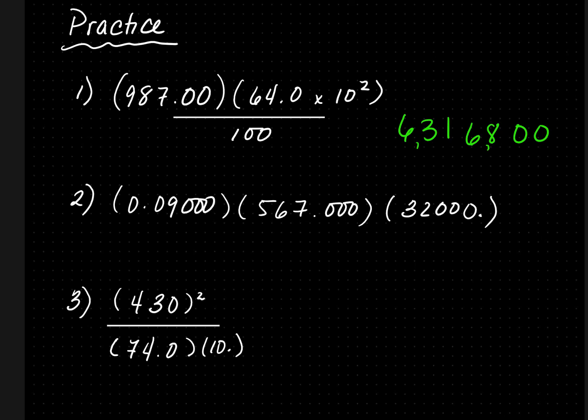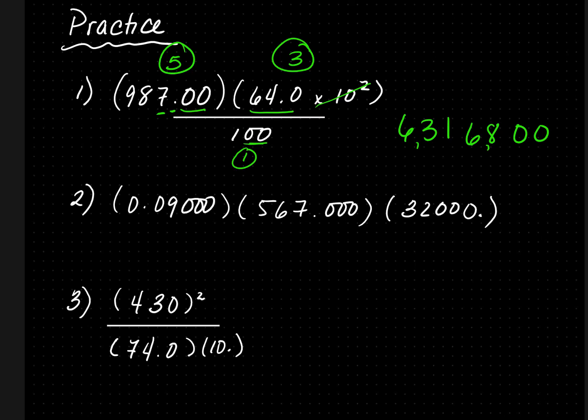The first number, 987, has 5 significant digits. These zeros are significant because there's a decimal and a significant digit in front. The second number is a scientific notation, so we ignore the notation and everything in front is significant, so this one has 3. 100 only has 1 significant digit because these are trailing zeros.